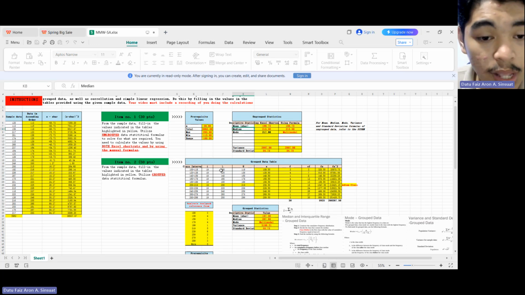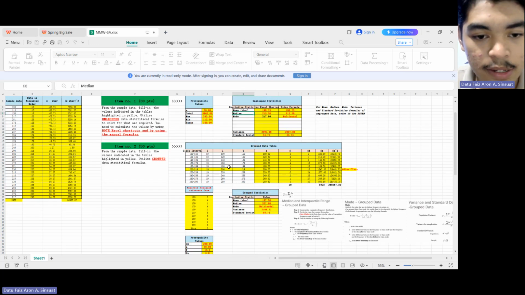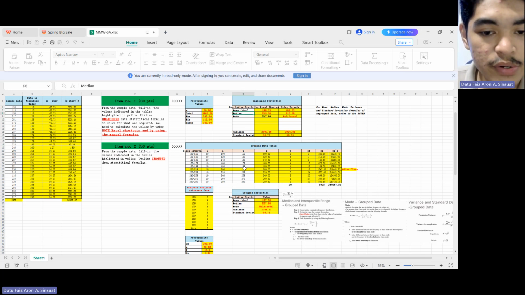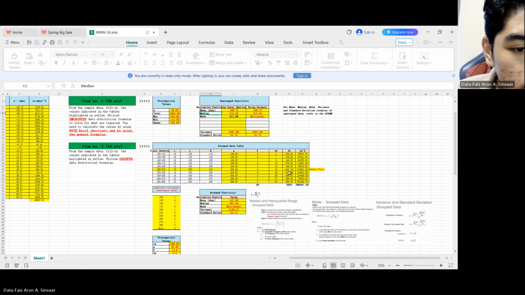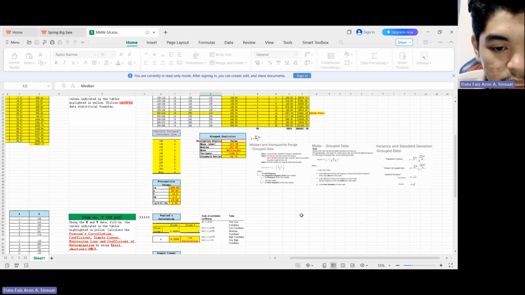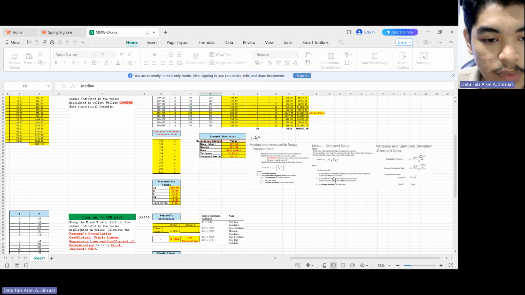And next, we'll look at how spread out our data is using the difference between the highest and the lowest, how far the numbers are from the average, and a standard measure of that spread.